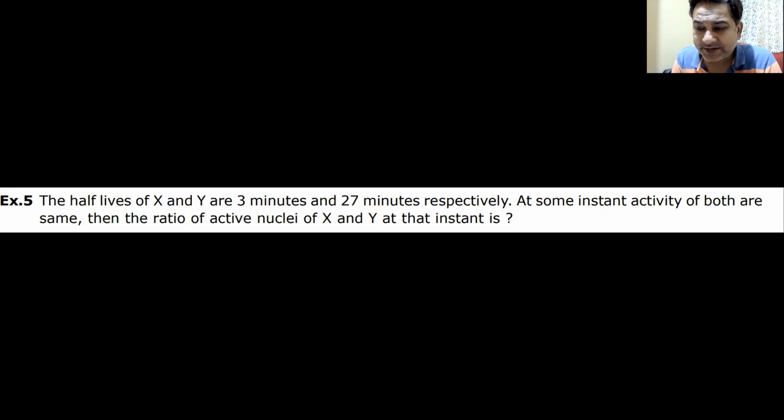The half-life of X is 3 minutes. That means in 3 minutes, it will become half of the original value. The number of nuclei will become half, activity will become half, mass will become half. The other one, Y, has a 27 minute half-life.